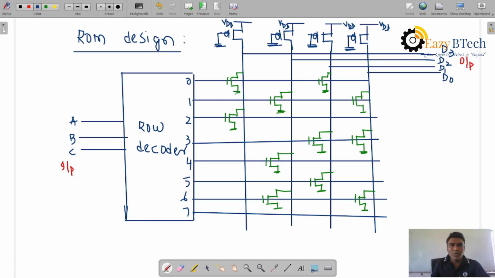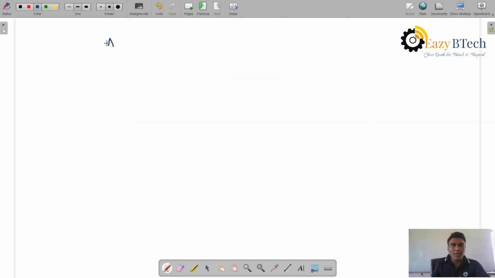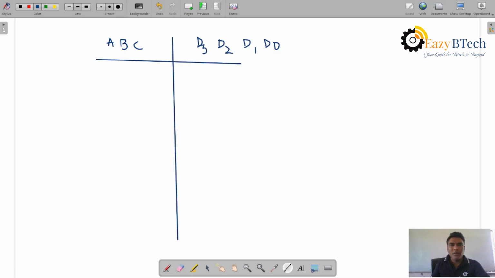If you take the table over here, ABC are the inputs, and the data path outputs are D3, D2, D1 and D0. So what are the data outputs according to this?